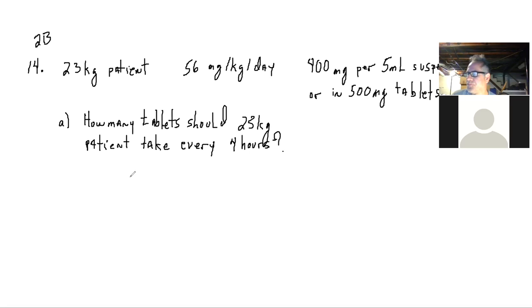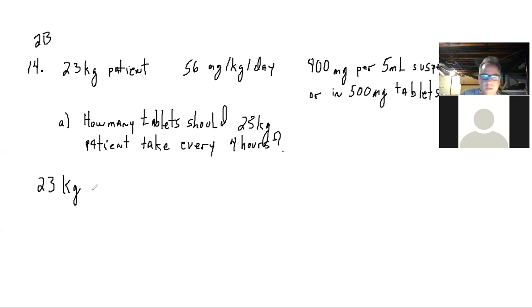All right, so we'll start with our patient. And as I put this together, remember what we're trying to get to is tablets per 4 hours. So make sure we write down our units in our chain of conversions.